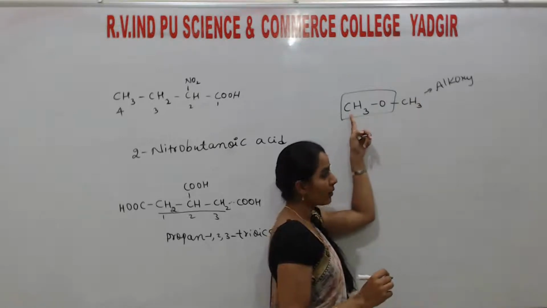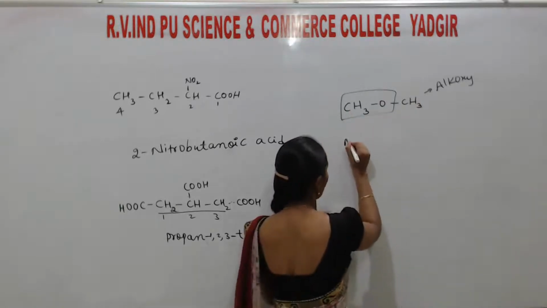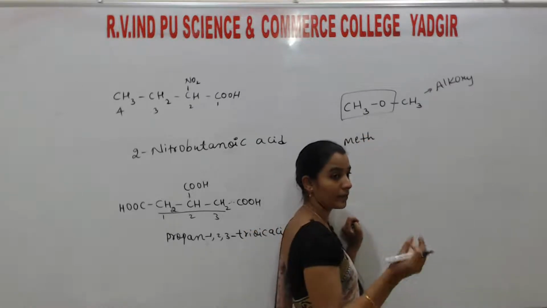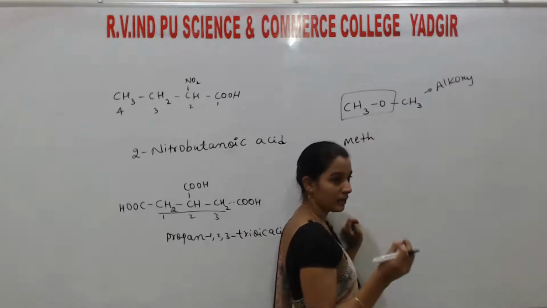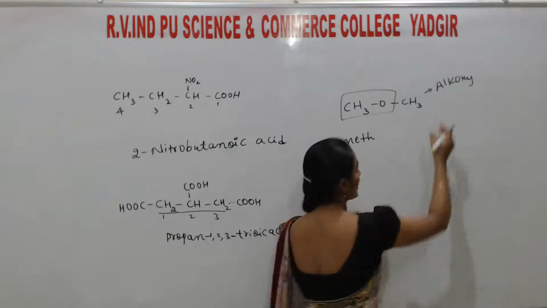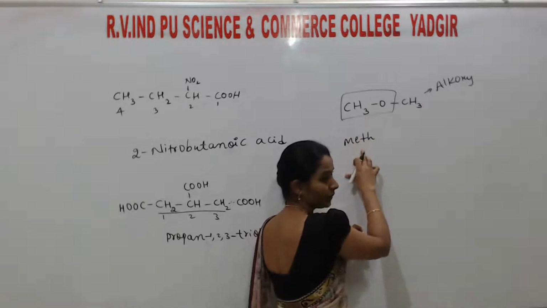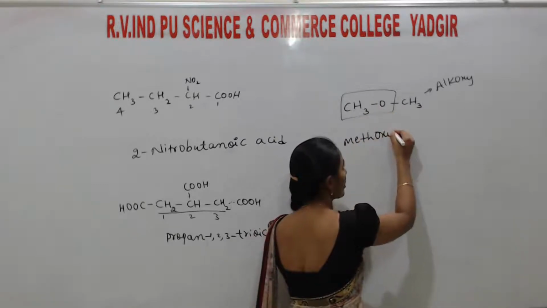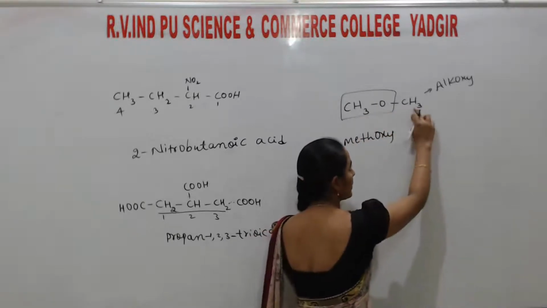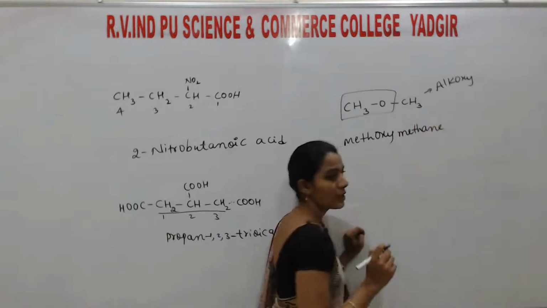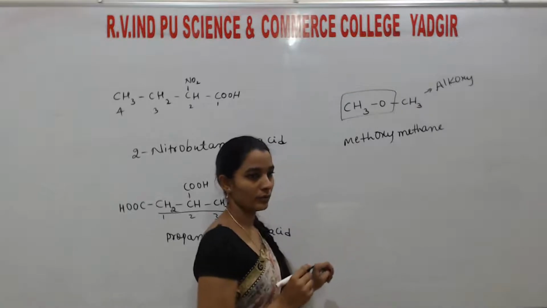Here one carbon atom is there, so it is represented by meth, as in alkane, methane. With the oxygen, methoxy. And this is the parent chain, methane. Methoxymethane is the name of the compound.